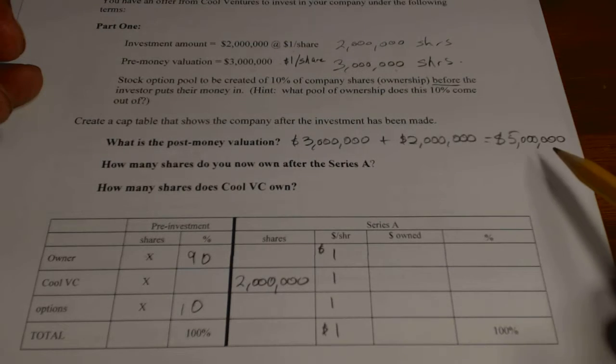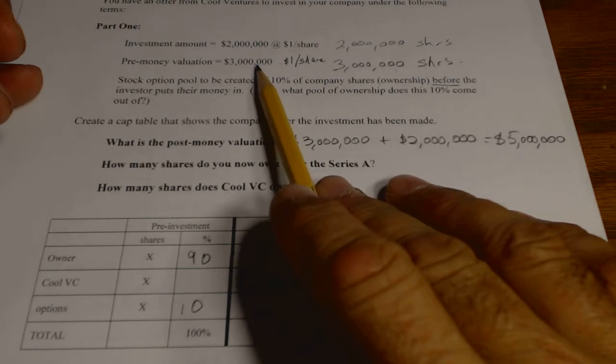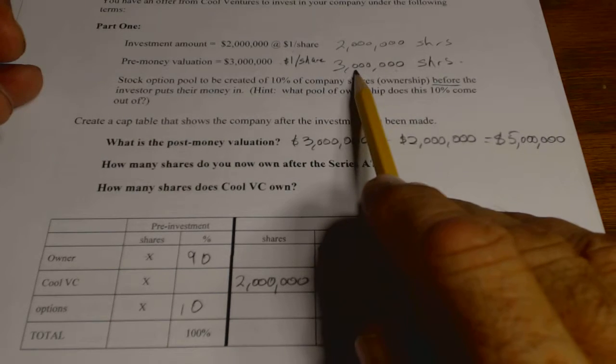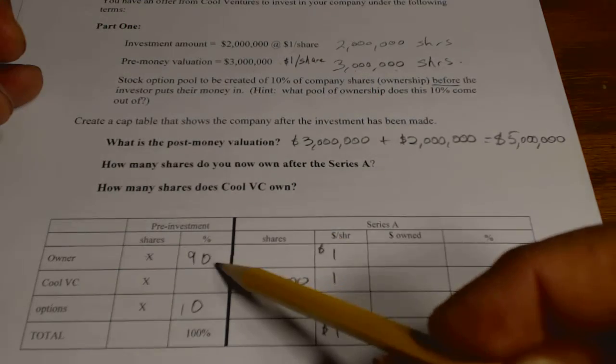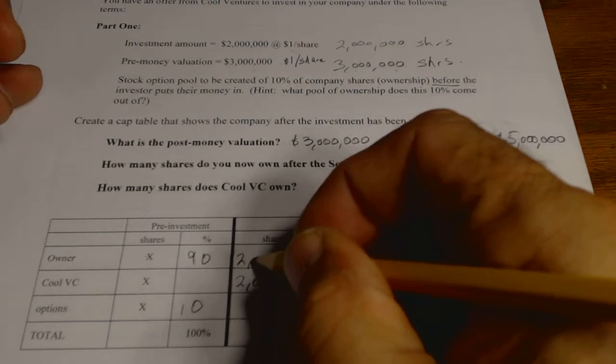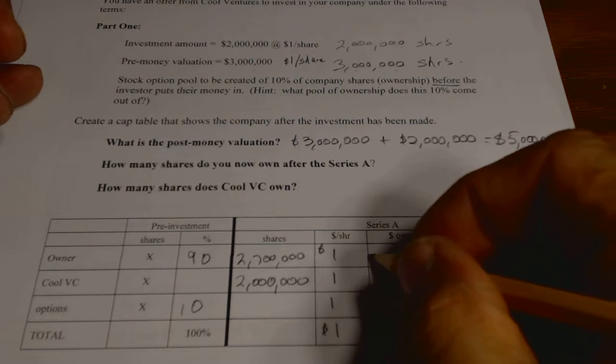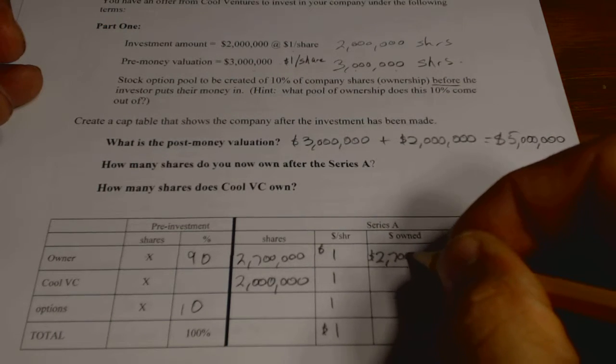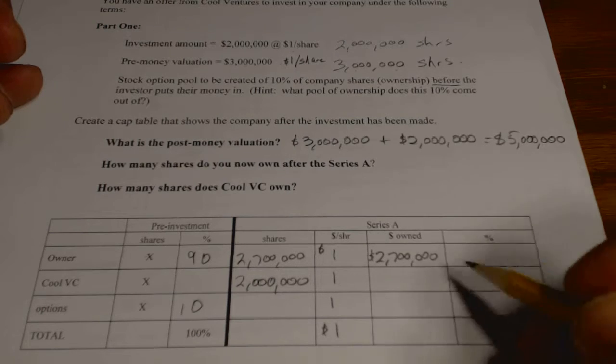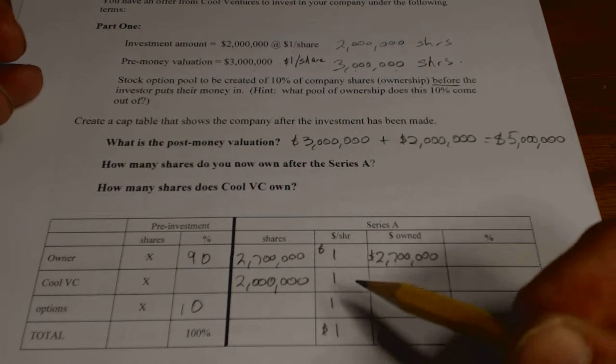So if it's $1 a share and your pre-money valuation was $3 million, so 3 million shares, but now you only own 90% of that, you own 2,700,000 shares. At $1 a share, $2,700,000. Percent owned, we'll do that in a second.